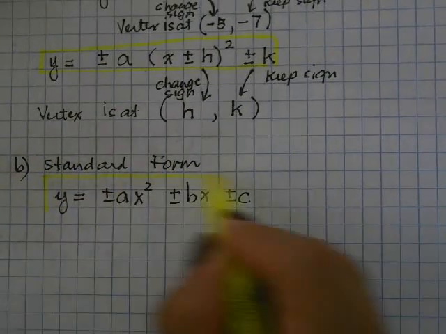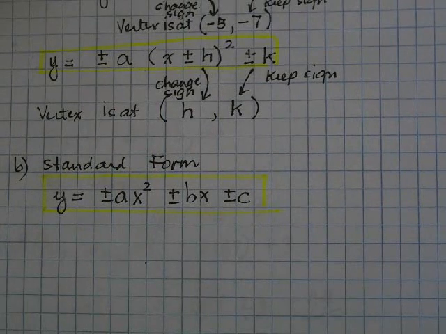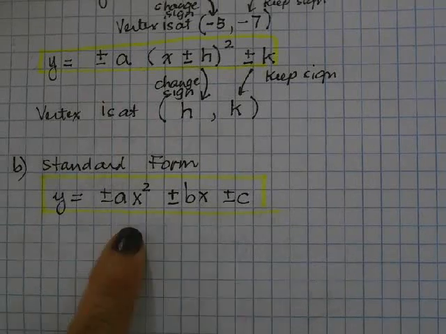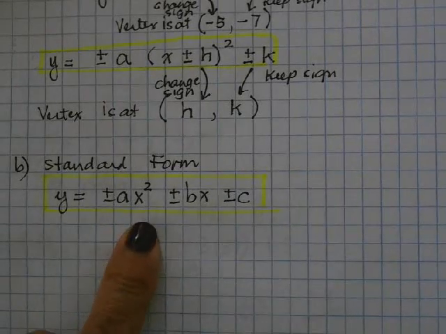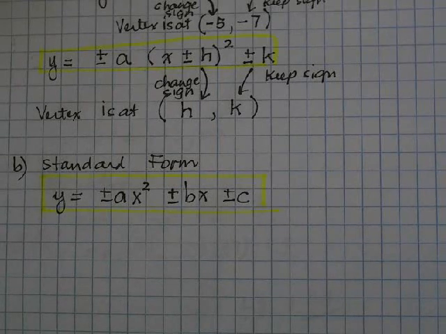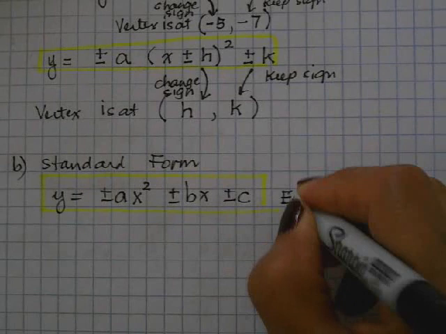If you see something written in this format, then that is a parabola. Let's have an example here. So this is the standard form, and this is the vertex form. Let's just have any random example.